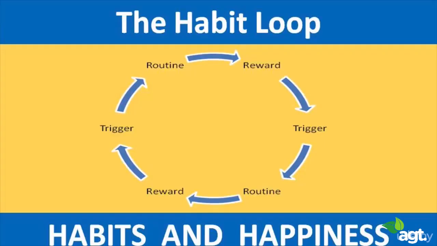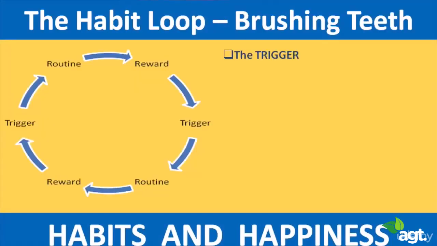The habit loop. Let me explain what the habit loop is and why it is so important for us to understand. As you see on the slide, the habit loop actually starts with the trigger. So any habit that you have established or you're going to establish starts with the trigger. Let's pick a habit that we all have, brushing our teeth, right?